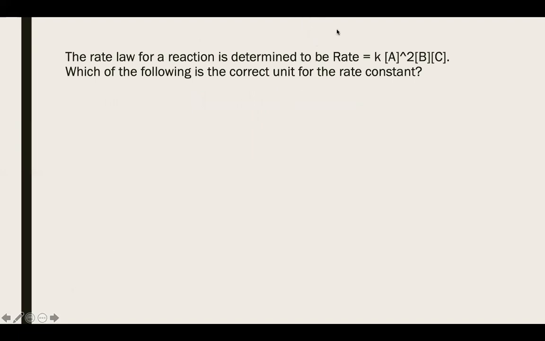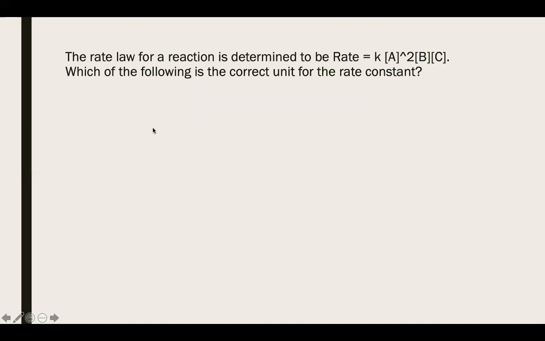Okay, so this problem is another conceptual one that is asking about your rate constant. The one we had previously gave you your rate constant and asked for the order of the reaction, but now they're giving you the order of the reaction and asking for the units of your rate constant.